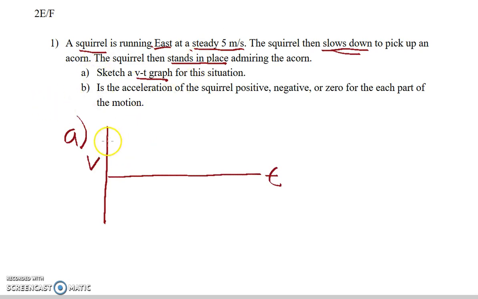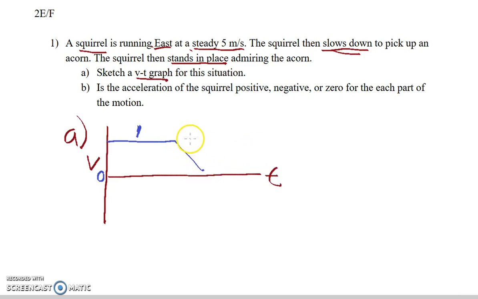So you draw a level line up here. That's the first part of the motion. Then it slows down to pick up an acorn. If we remember, the middle line is 0 velocity. If we hit the t-axis, it's not moving. So if it's slowing down, it's getting closer to that, so we're going to see a diagonal line down towards that axis.